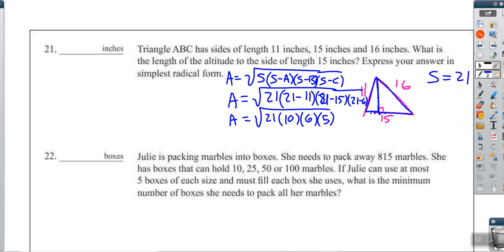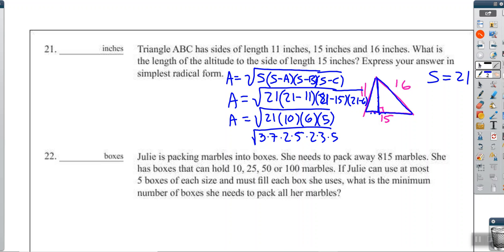Now, I could multiply this together and try to get simplest radical form, but that would be crazy, insane, long. So what I'm going to do is I'm just going to turn each one of these numbers into its prime factorization. So we have the square root of 3 times 7 times 2 times 5 times 2 times 3 times 5.